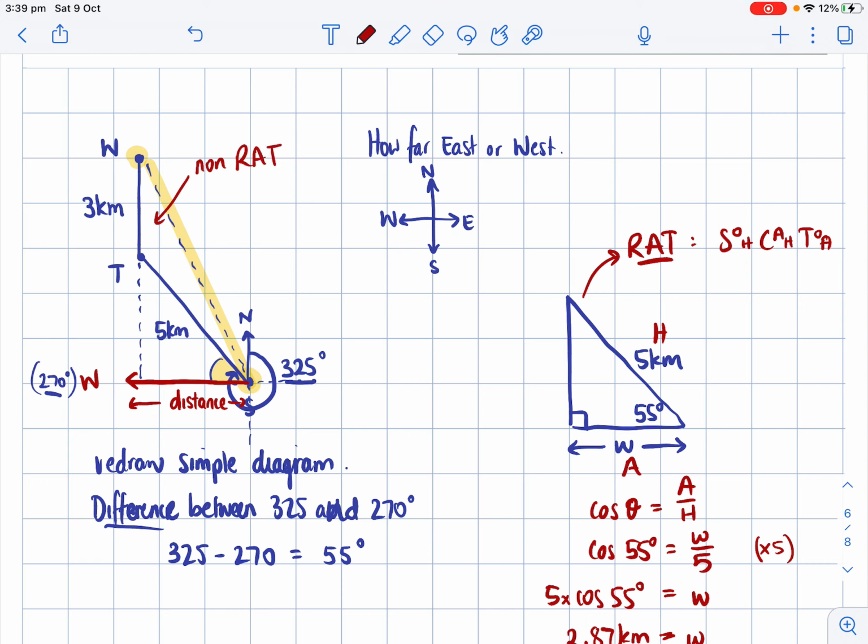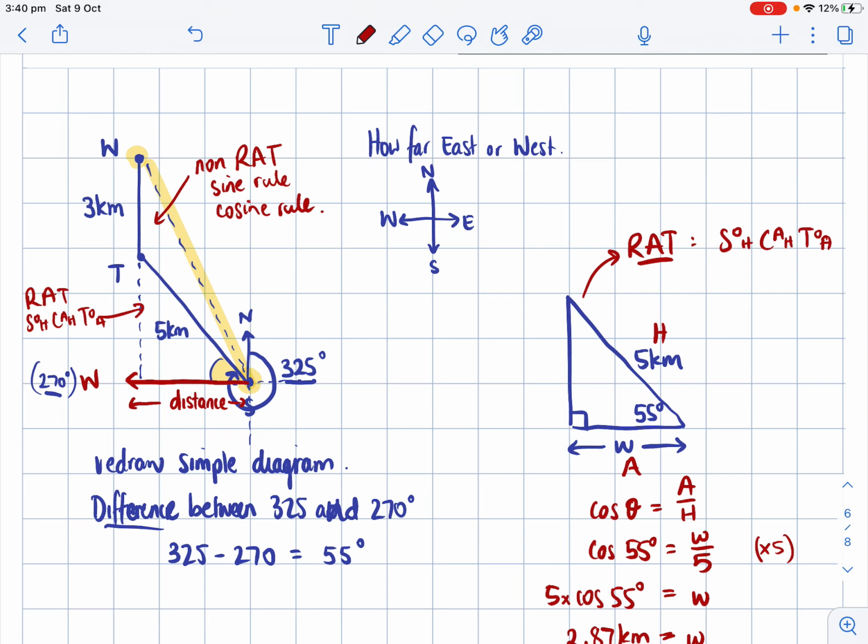You might be thinking sine rule, cosine rule. And some of you might be thinking use the right angle triangle. I'm going to use SOHCAHTOA.